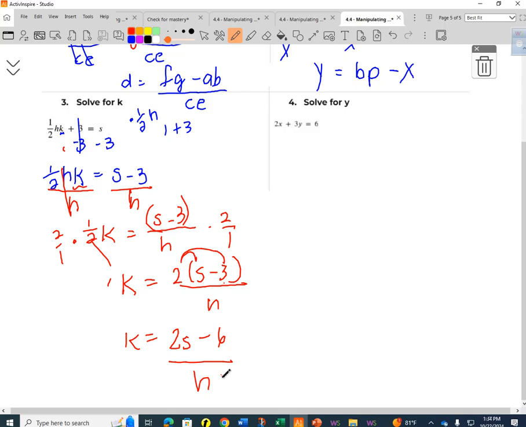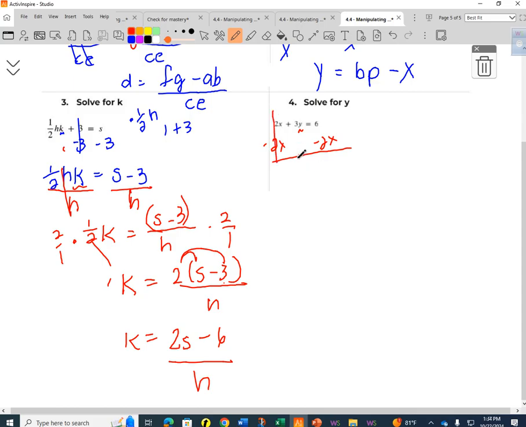Alright, number 4. Y'all caught up with me? Alright, I gotta move on because we're gonna run out of time. We're solving for y. We're adding 2x, multiplying by 3. I'm gonna subtract my 2x from both sides. This one's gonna have a couple different correct answers.